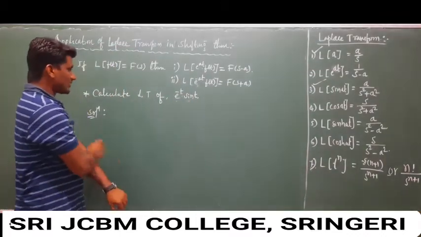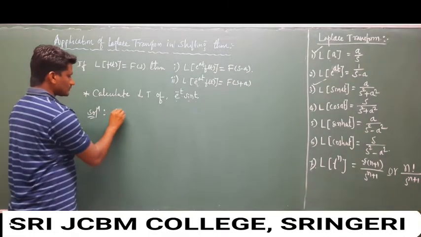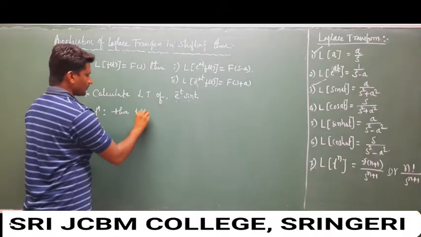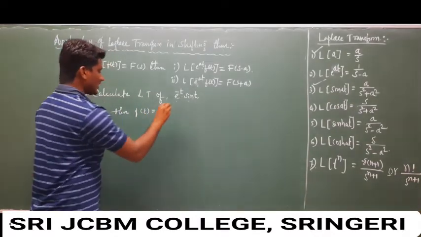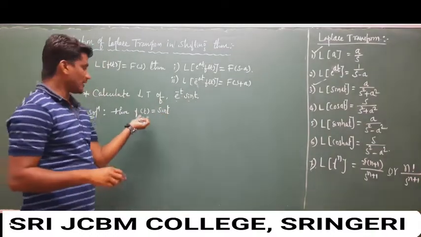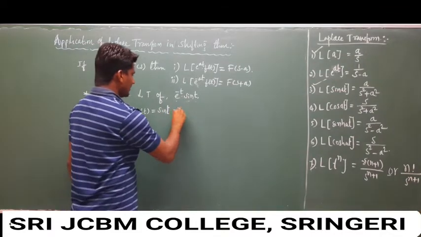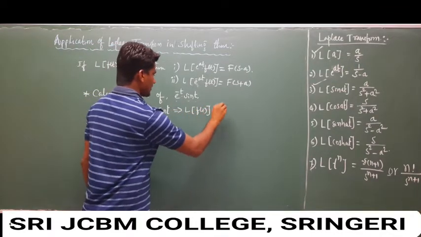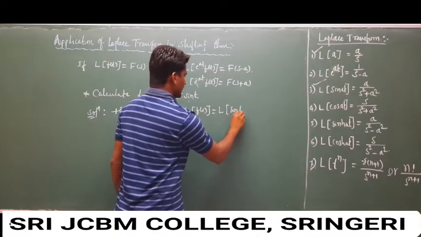So our f of t is sin t, and now we apply the Laplace transform on both sides, which implies the Laplace transform of f of t is equal to the Laplace transform of sin t.